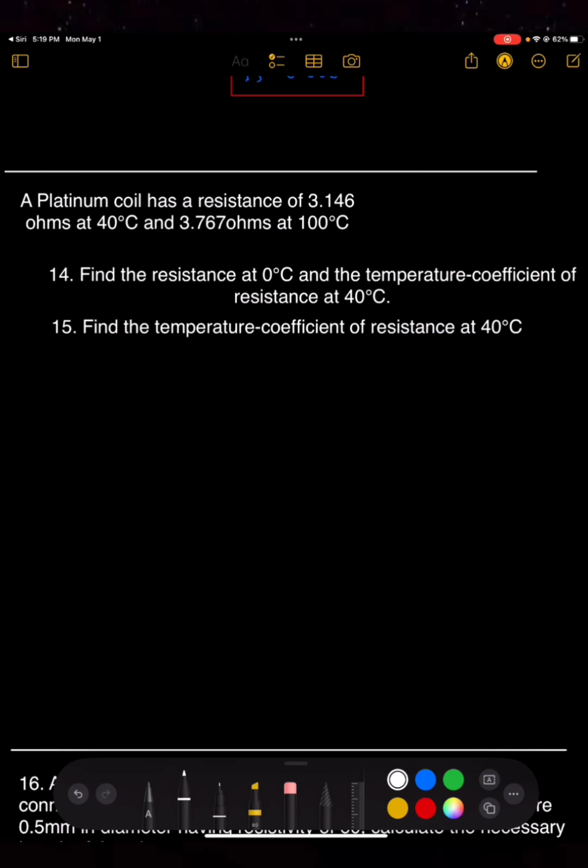For problem 14 and 15, we have first to find the givens. So, R1 is 3.146 ohms and R2 is equals to 3.767 ohms.